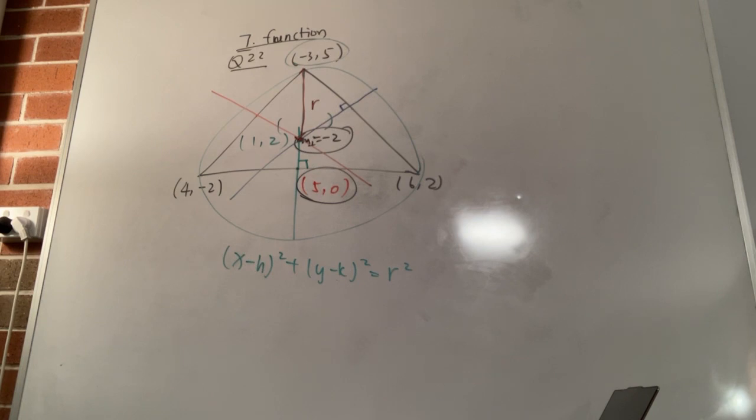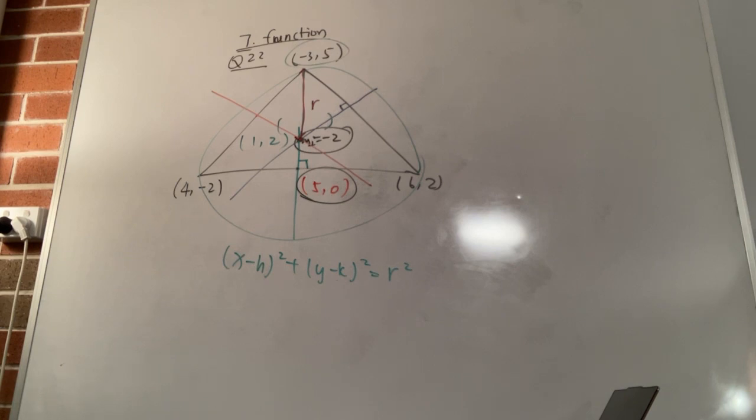Just one second. 2 minus 2 is 4. 4 on the gradient, 4 on 2. This is okay. This one is not the perpendicular gradient. That one is just that gradient. That will be 4 on 2.